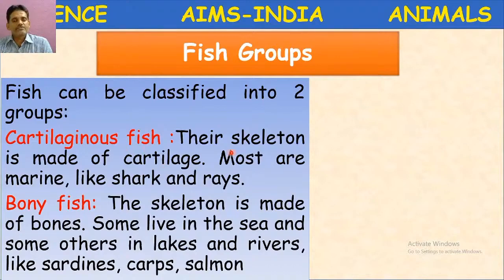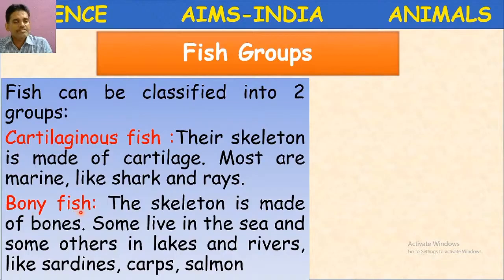Most are marine. For example, shark, rays, electric ray fishes. Sharks come under the cartilaginous fish category.